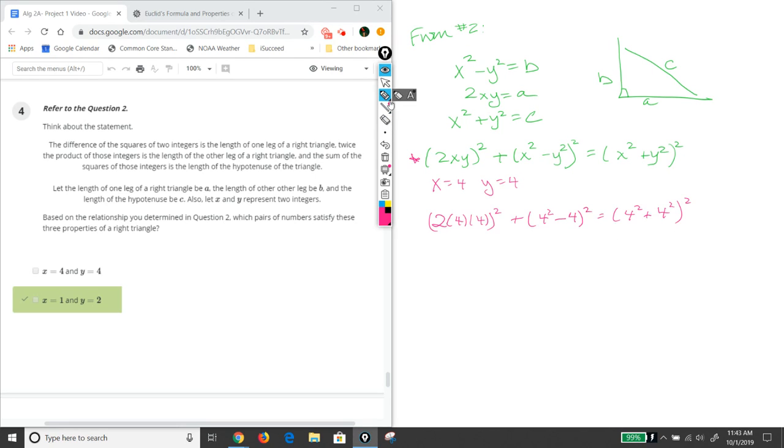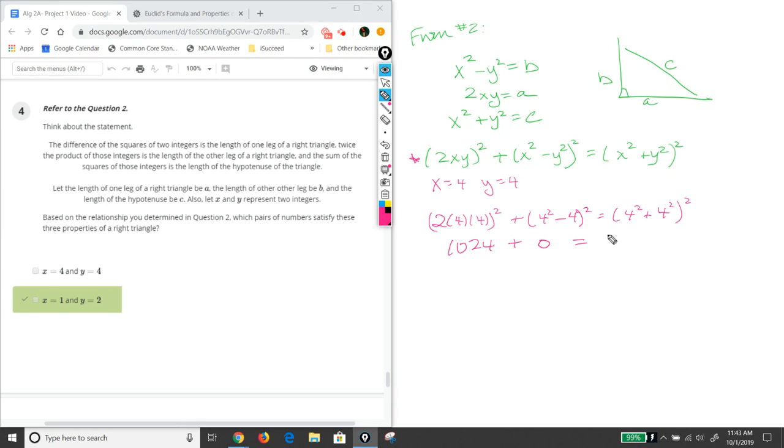Okay, so quick arithmetic here. I do have a calculator if I need it. Let's see, 2 times 4 is 8, times 4 is 32, square that is 1,024. Oops, I forgot that little square too. 4 squared is 16 minus 4 squared, which is 16, 0, so 0 squared is 0.